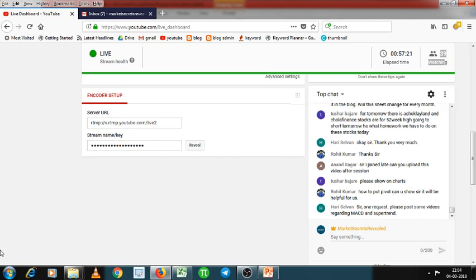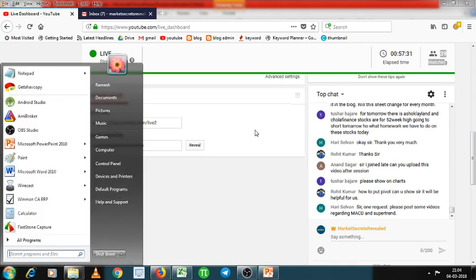Those seven lines will act as your support and resistance. If you're going for 52-week high stocks, then what you can do is, okay, let me open Paint at least. I can explain things better in Paint.